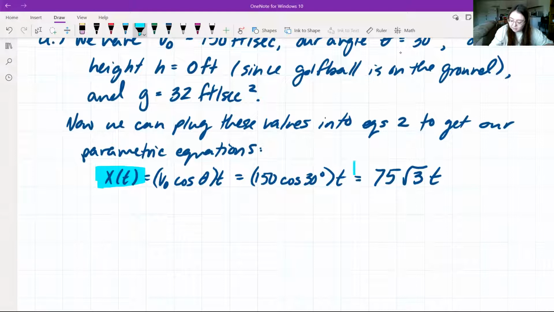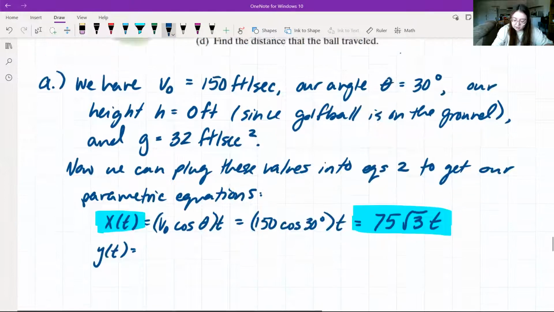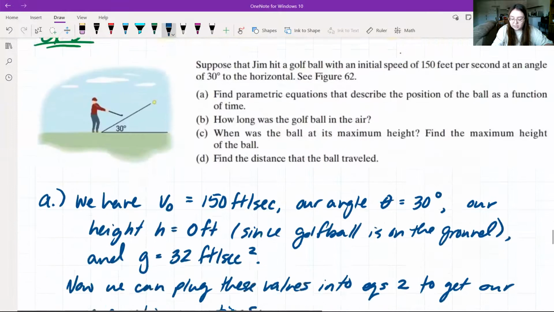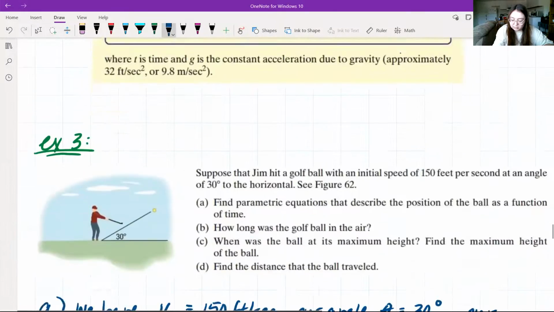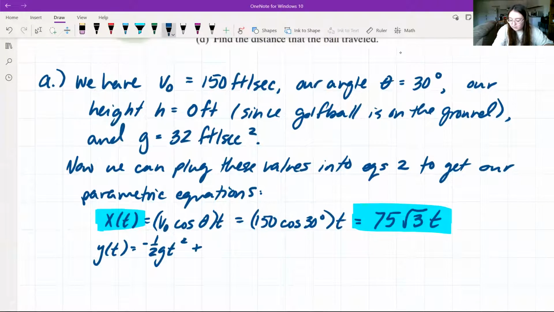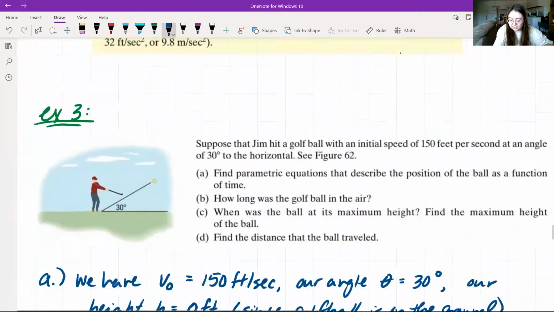So x of t is equal to 75 times the square root of 3 times t. Then for y of t, our equation was negative 1/2 g times t squared plus v naught sine of theta times t plus h.